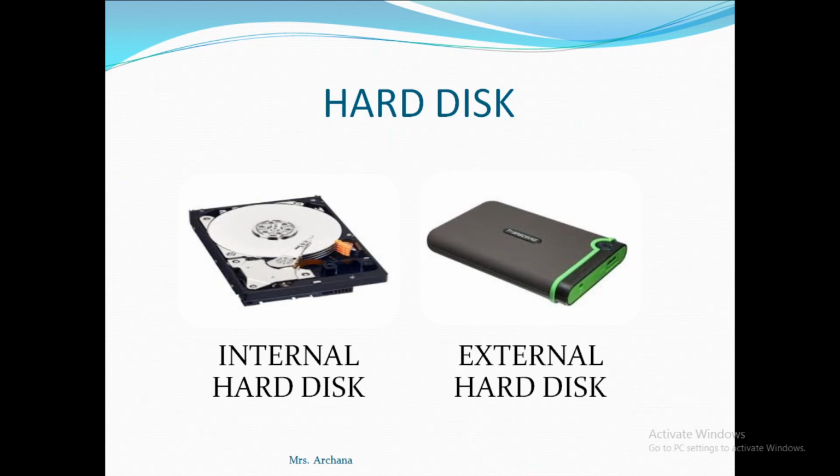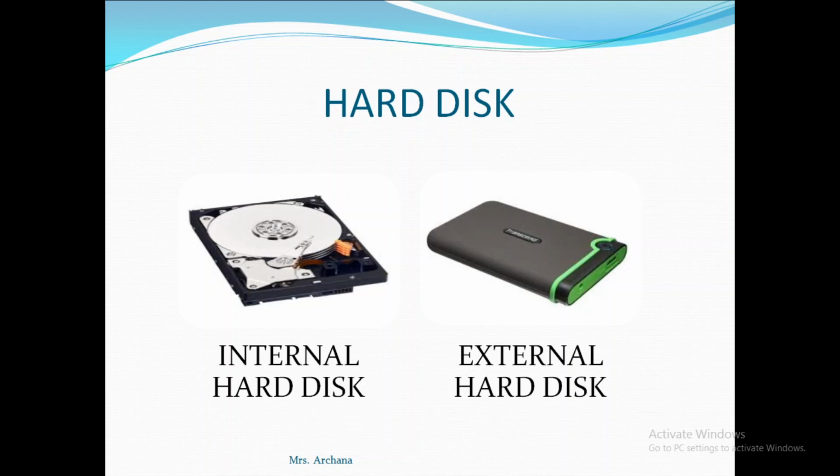This is a hard disk. It is the most commonly used secondary storage device. Generally in every computer we will get this hard disk. It is present inside the CPU, and it can store up to 4 TB or 8 TB.